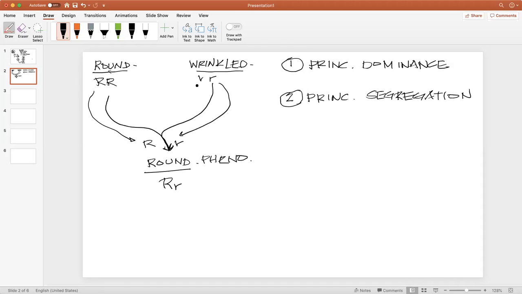This wrinkled has two of the same alleles. We're going to call anyone that has two copies of the same allele homozygous. That's one word, I just had to make room. And this individual has one copy of one allele and one copy of the other, two different. So this individual is heterozygous.